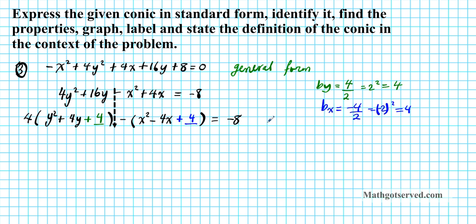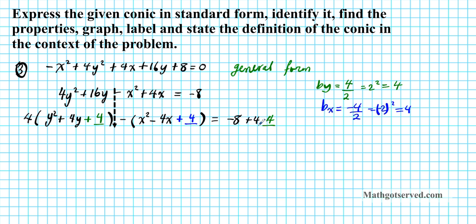So what do we add on the right side of this equation? In order for it to be a balanced equation, we're going to add 4 times the term that we introduced right here, 4 times 4. Now, how did that happen? We added a 4 in this parenthesis, but there was a 4 out here that's been multiplied by the 4 that we introduced. So in essence, we added 16 here.